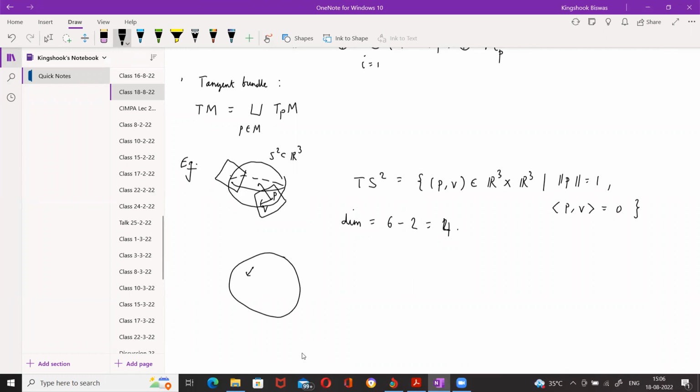Okay, so I could have a vector field which looks something like this. Or I could have a vector field which looks something like this.